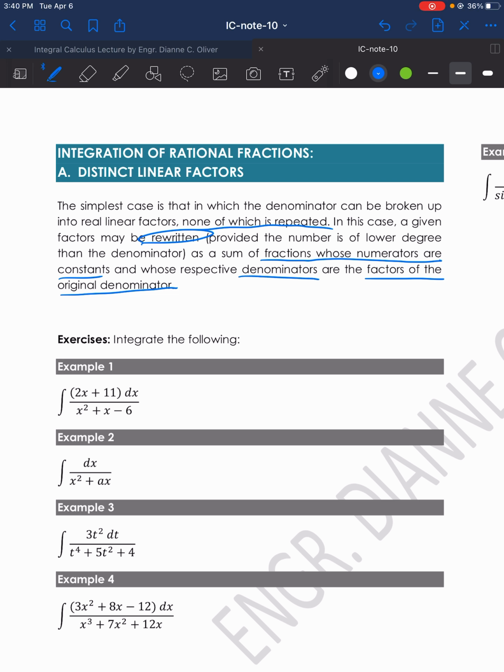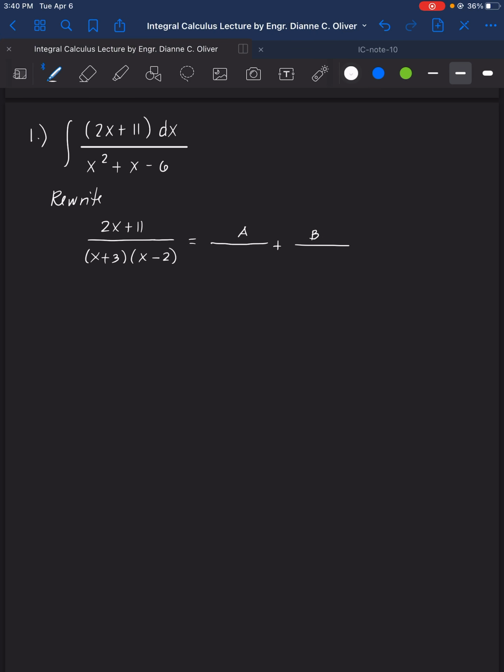The denominators are the factors of the original denominator, which are x plus 3 and x minus 2. So for A, we have x plus 3, and for B, we have x minus 2. That's how we rewrite this equation.